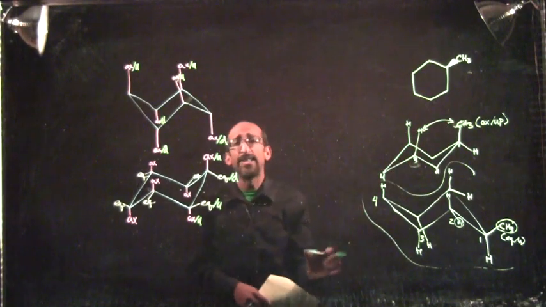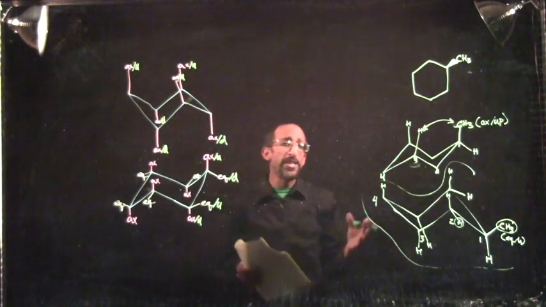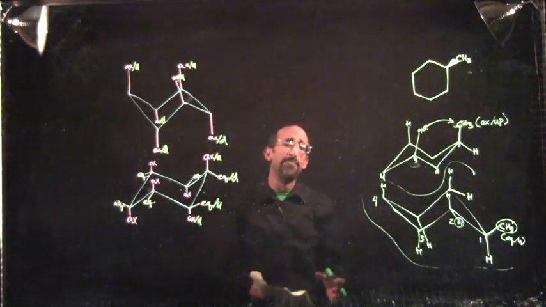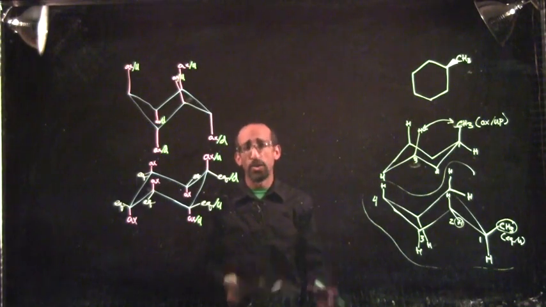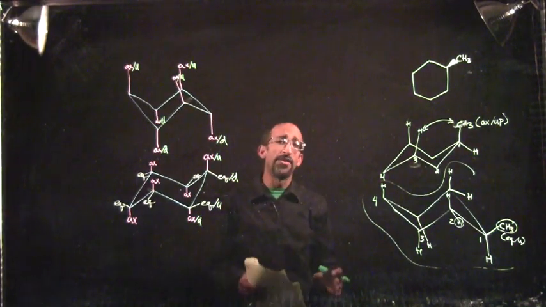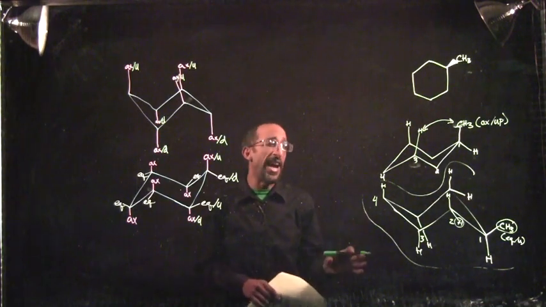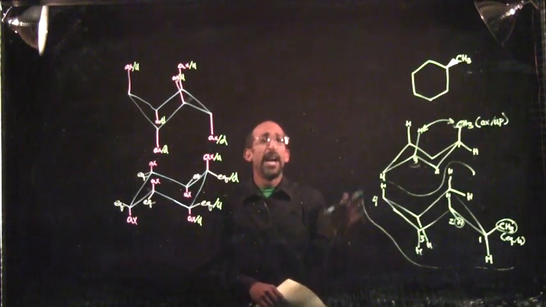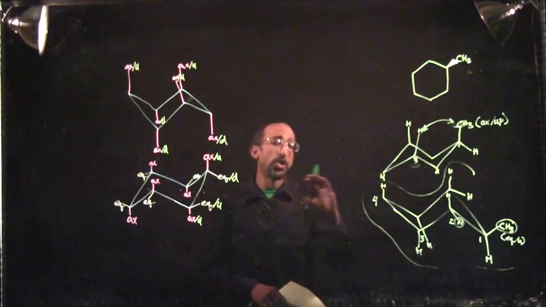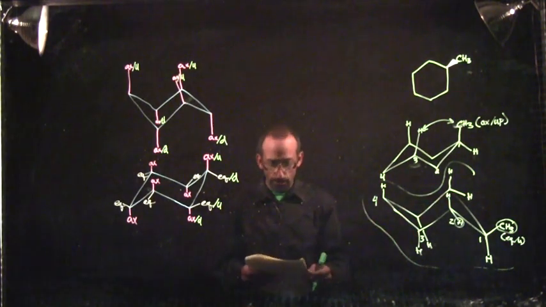And we're going to find that tends to be true. Bulky substituents on a cyclohexane always prefer an equatorial position. Whether they are equatorial up or equatorial down isn't as important as the fact that they are equatorial versus axial.